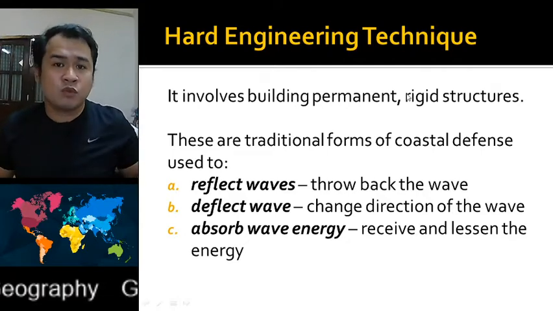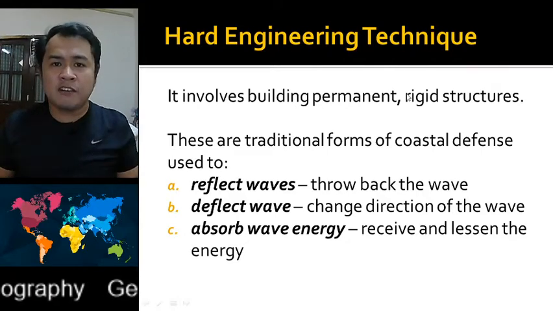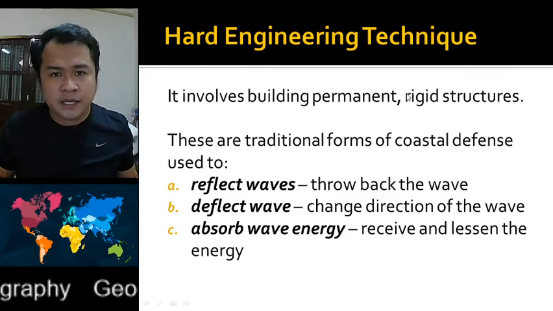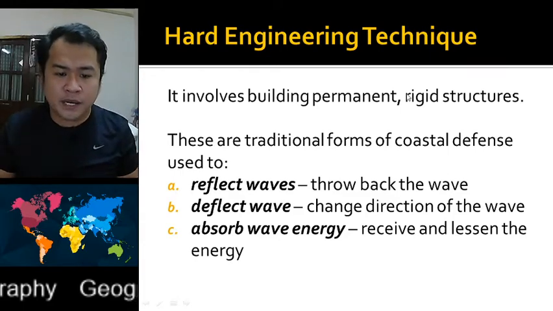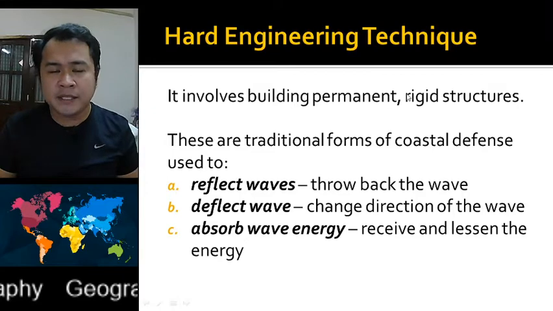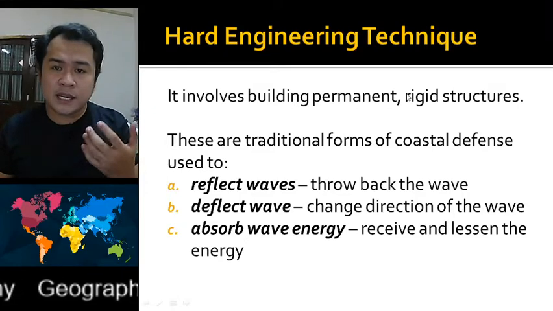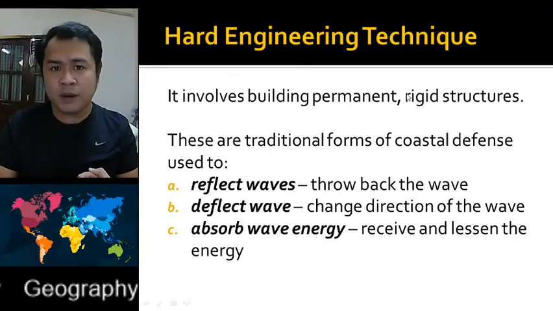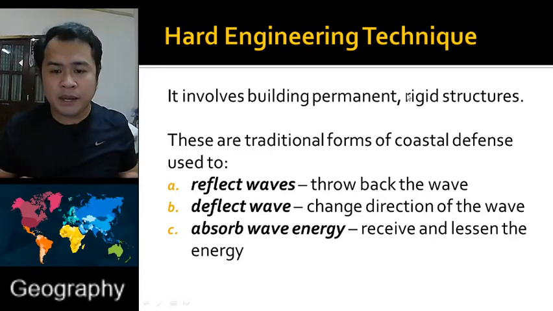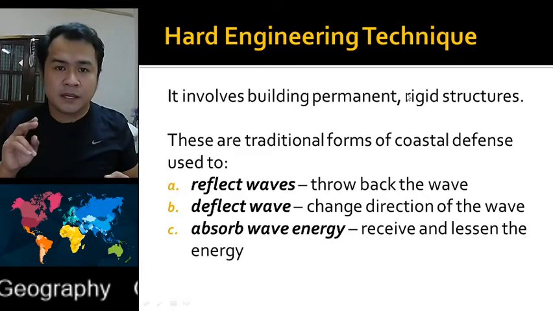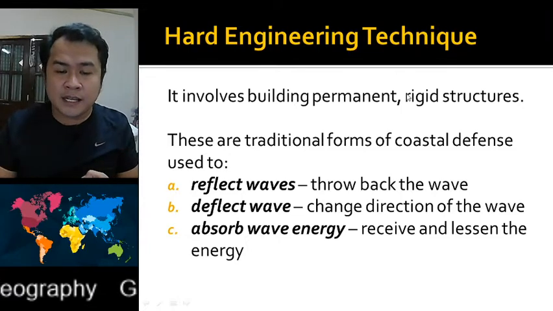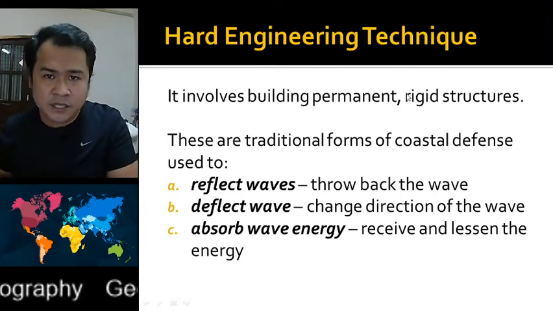This technique, the hard engineering technique, is a traditional form of coastal defense. This is what a lot of people for many years have been doing so that they can manage and save the coastline. What they do is, one, they reflect the waves, they send the waves back to the sea. Two, they deflect the waves or change the direction of the waves.